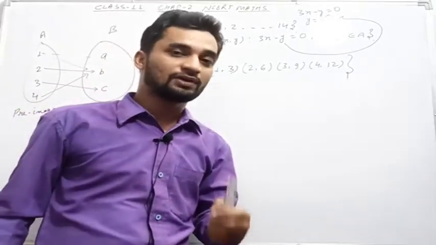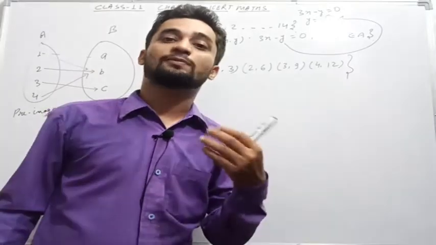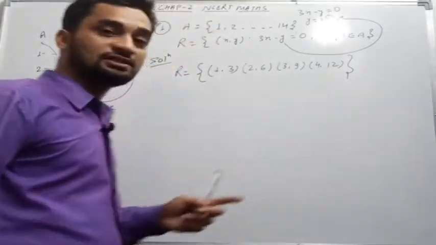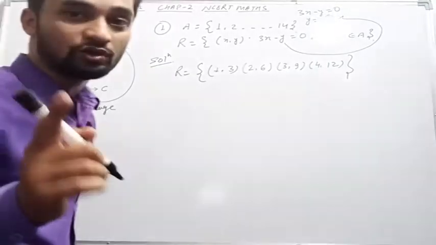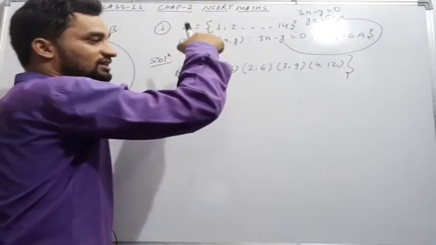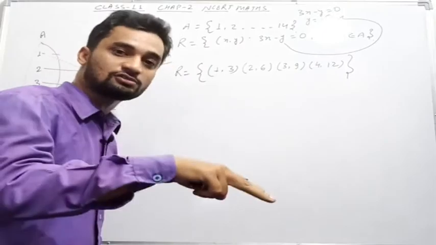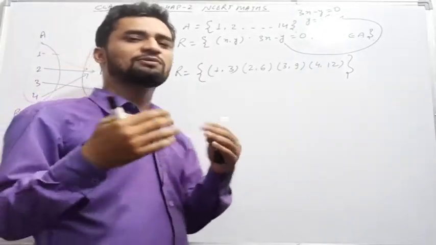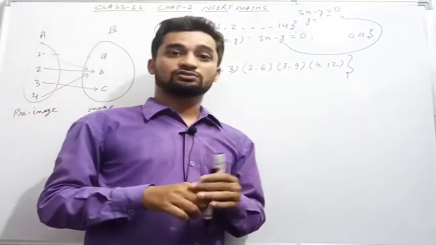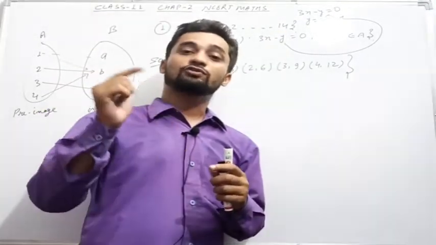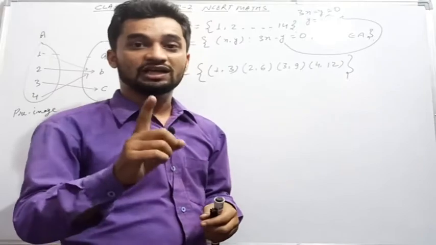And in the earlier part I said it is a subset of the Cartesian product of two sets, and in your question it is given: define a relation R from A to A. It means the first set is also A and the second set is also A. When you take it, there are 14 elements, so you will have 14 into 14, that is 196 elements.